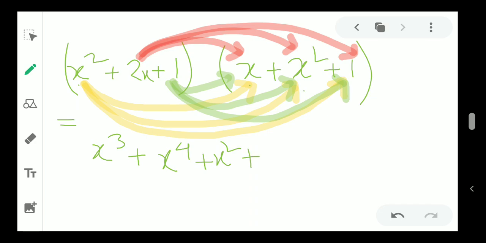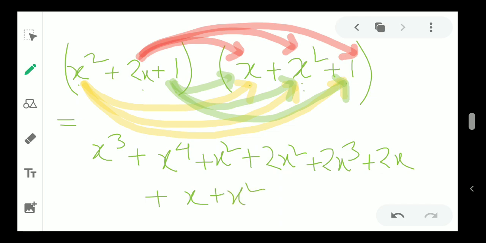Now plus again 2x with x, that is 2x square. 2x with x square, that is 2x cube. 2x with 1, that is 2x. Now left is 1. So 1 with x, 1 with x square, 1 with 1, that is 1.